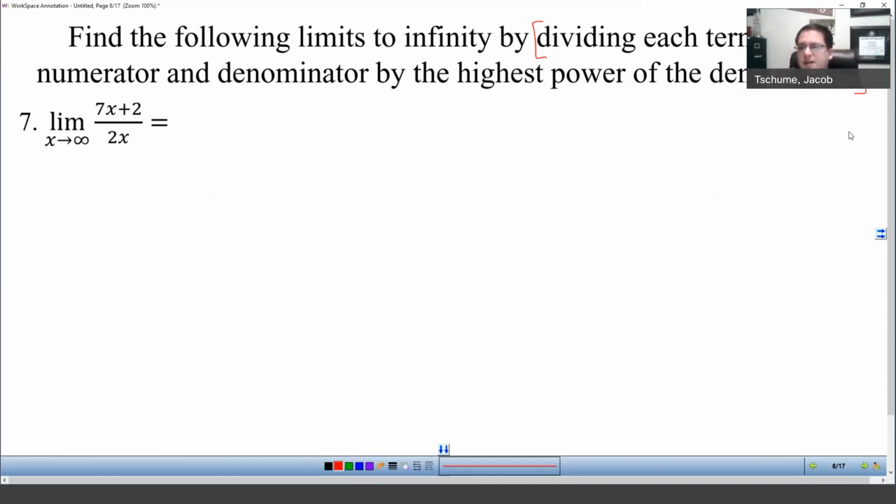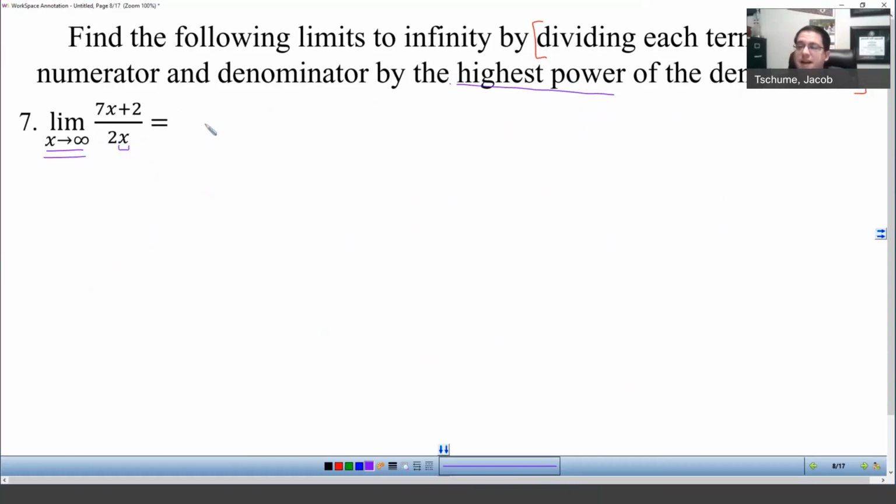Number 7. The limit as x approaches infinity of 7x plus 2 over 2x. All right. To do this method, since we are doing an infinite limit right here, we can divide everything in the problem by the highest power of the denominator. Well, your highest power of the denominator is x.